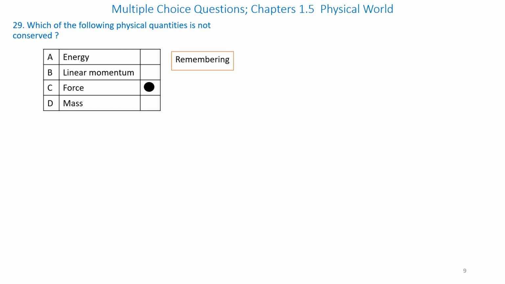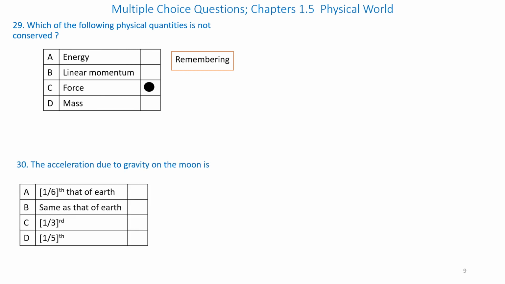So choice C is the correct choice. Question number 30. The acceleration due to gravity on the moon is 1/6 of that of Earth. Choice B, same as that of Earth. 1/3 as that of Earth. And choice D is 1/5 of that of Earth. So the correct answer is choice A.